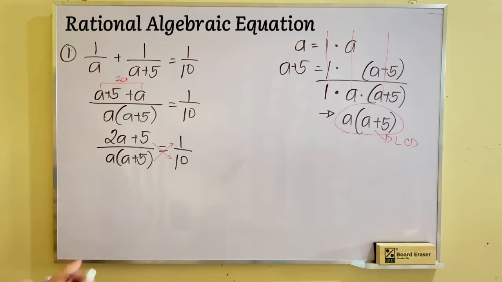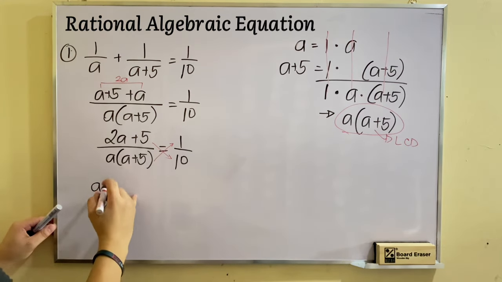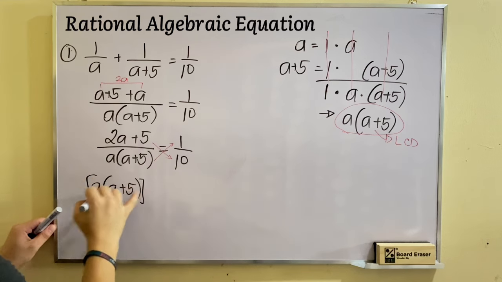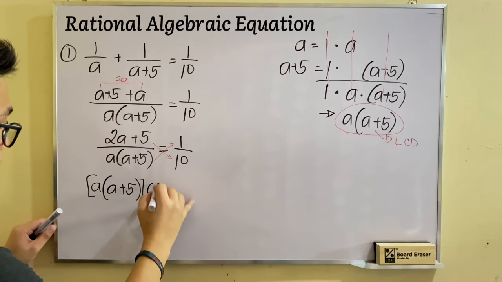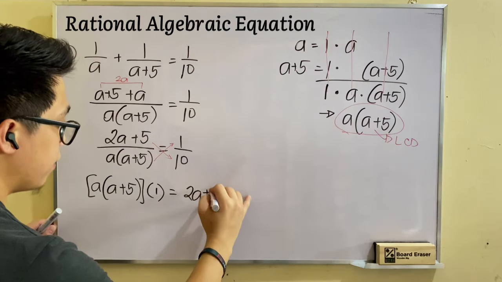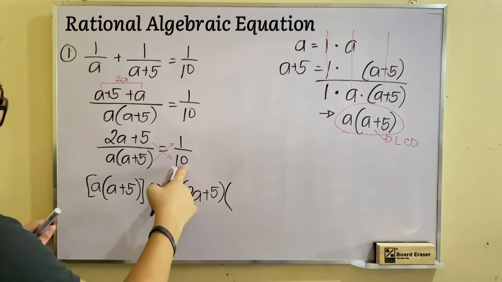So, ang mangyayari dyan, a times a plus 5 multiplied by 1 is equal to 2a plus 5 multiplied by 10.